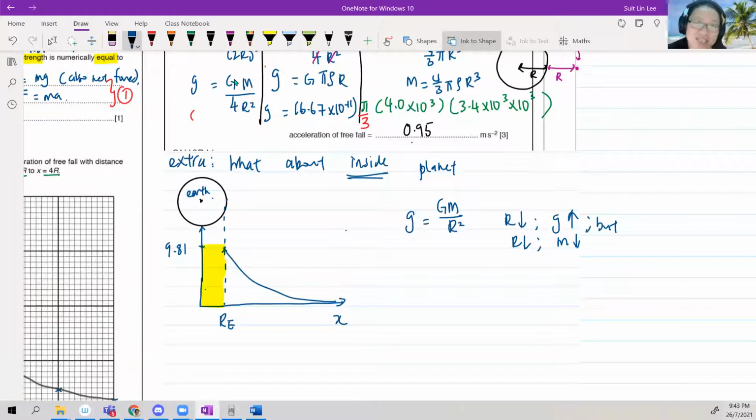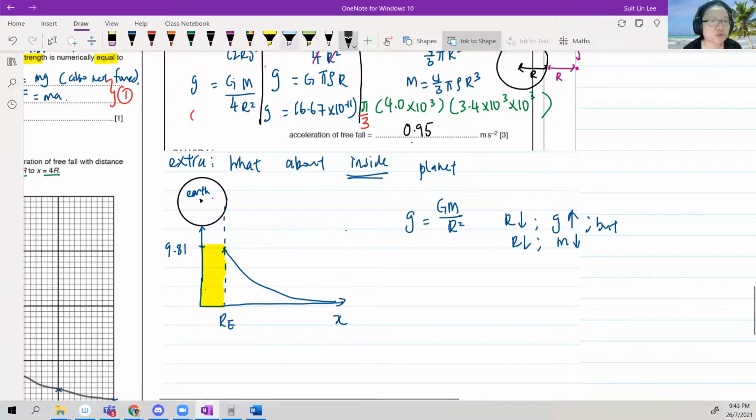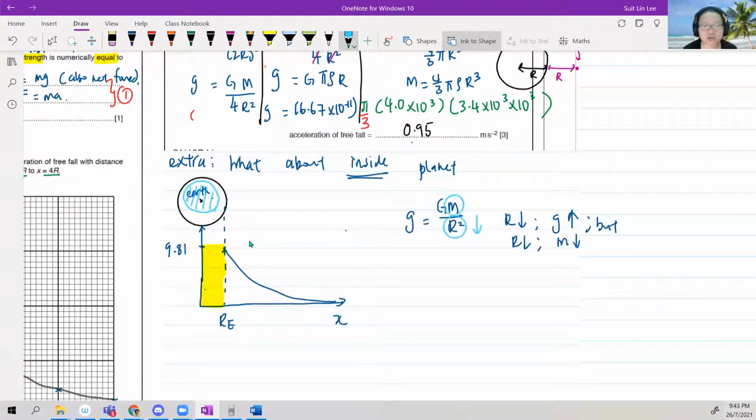The amount of mass that is attracting you is less. Let's say I drill into the Earth and dig like that. Not to scale, but only this part of the Earth is attracting me. Less and less Earth is attracting me.